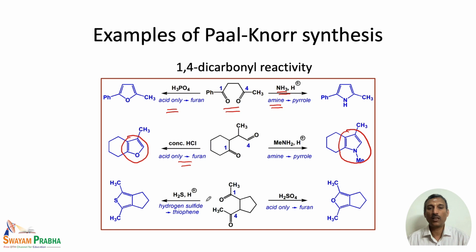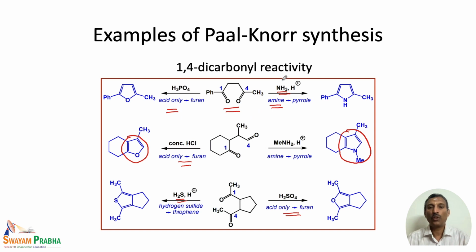And similarly, if we do the same reaction, that means the 1,4-dicarbonyl compound is treated with hydrogen sulfide, we end up with the thiophene derivative. If we simply treat without hydrogen sulfide or without a primary amine in the presence of a concentrated acid, that only gives the furan derivatives.